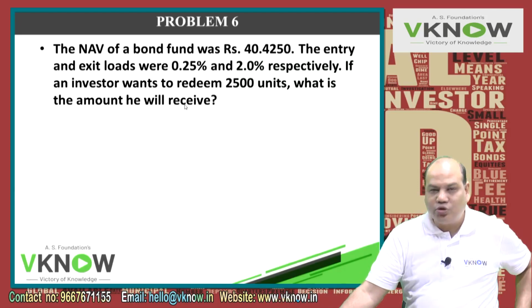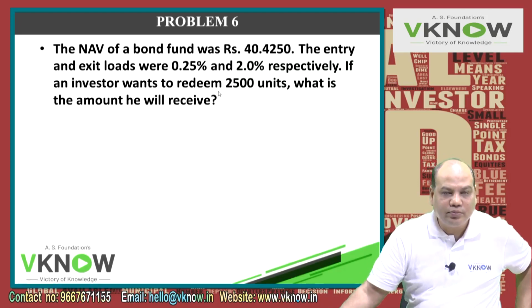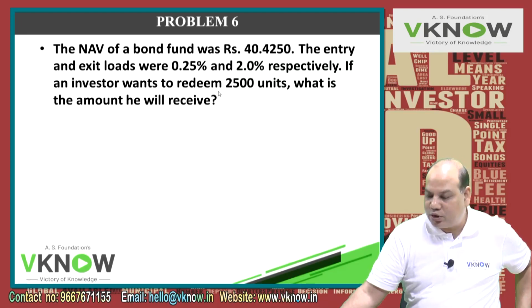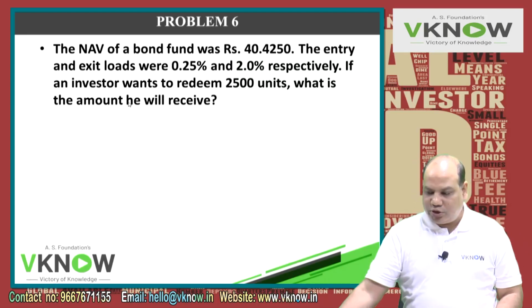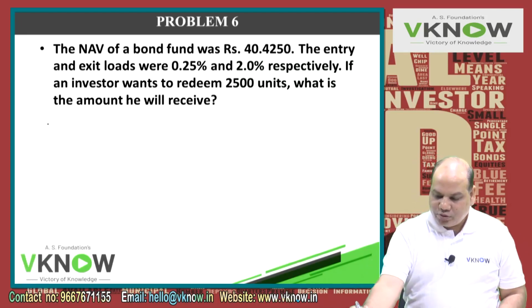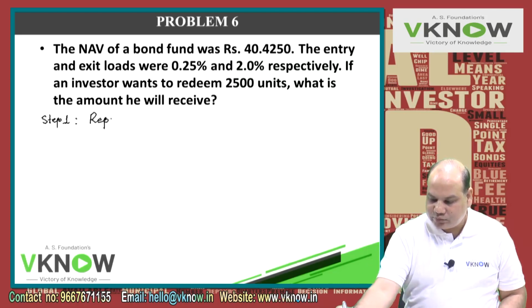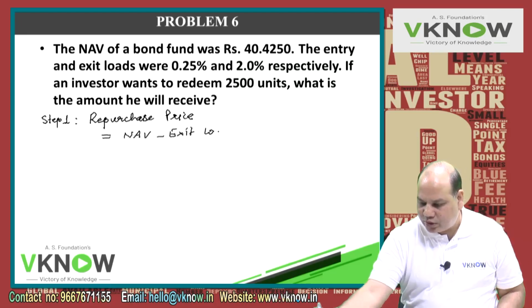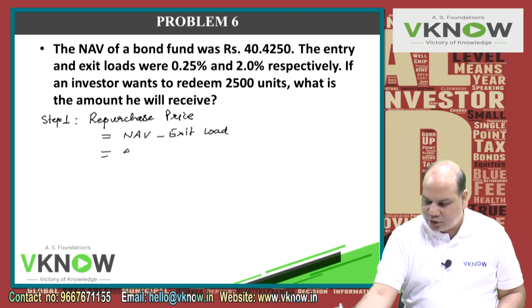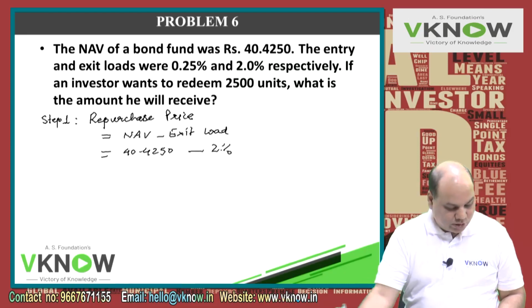If an investor wants to redeem 2500 units, what is the amount he will receive? So which rate will be applicable now? Repurchase price will be applicable. So step 1: repurchase price is applicable, NAV minus exit load. 40.4250 minus 2%.